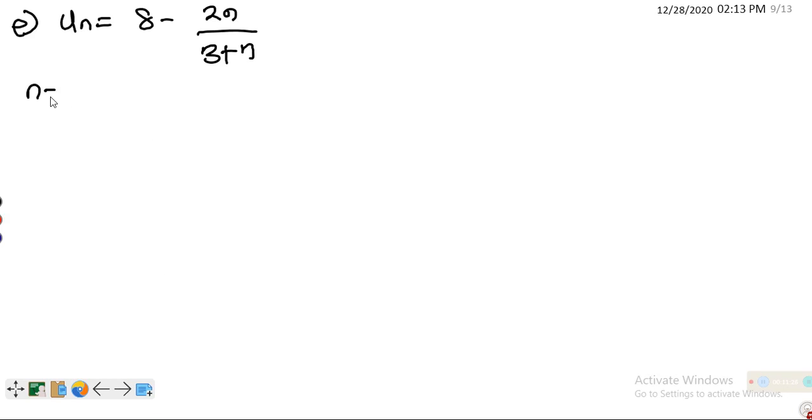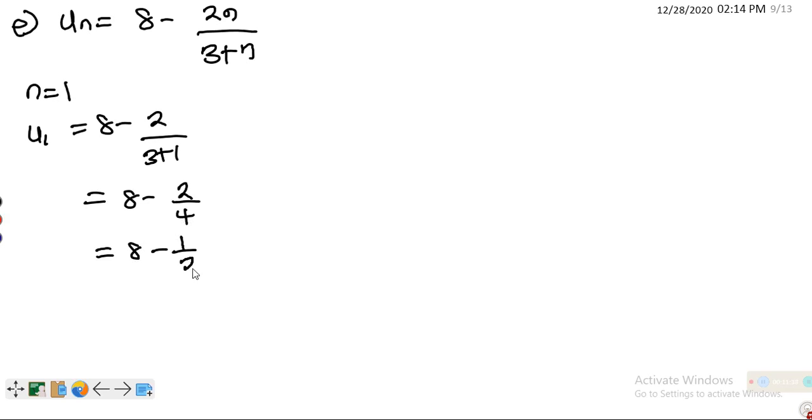So when n equals 1, we have u1 equals 8 minus 2 over 3 plus 1, which is 8 minus 2 over 4, which is 8 minus 1 over 2, and that will be 16 minus 1 over 2, which is 15 over 2, which is actually 7.5.